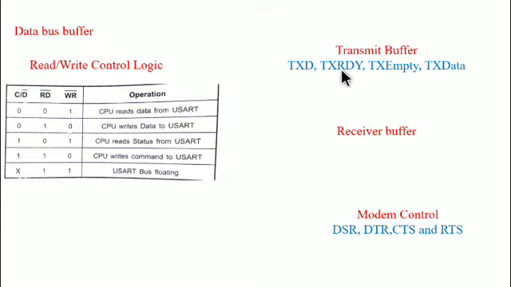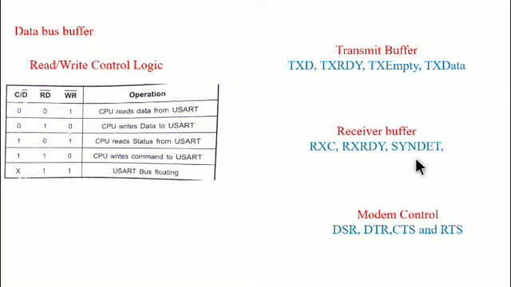Next, the receiver buffer. The receiver accepts the serial data on the receiver data line, converts this serial data to parallel format, checks for bits or characters that are unique to the communication technique, and sends the assembled character to the CPU. It has receiver clock, receiver ready and synchronous detect.